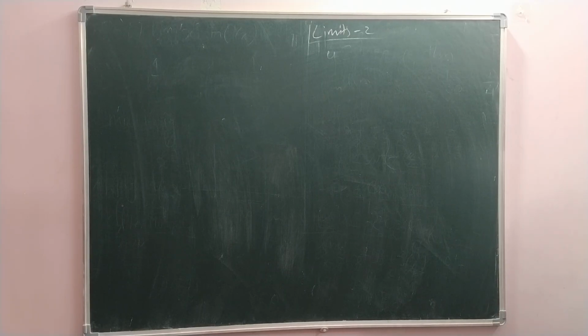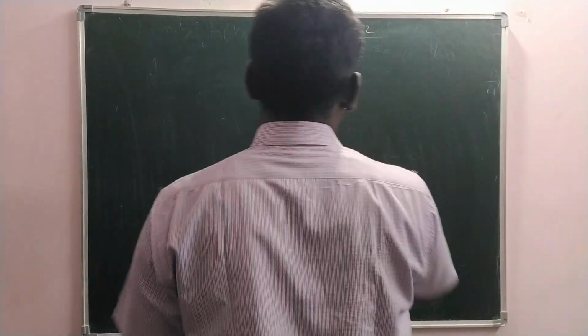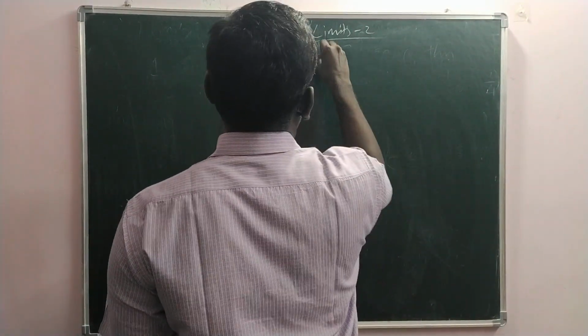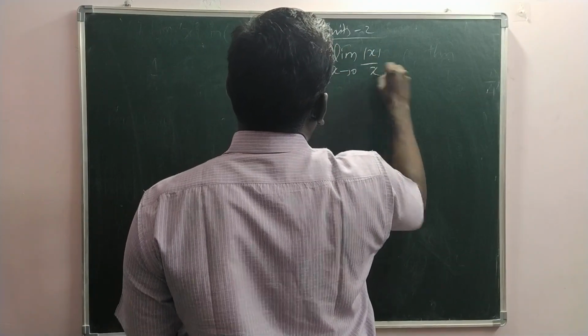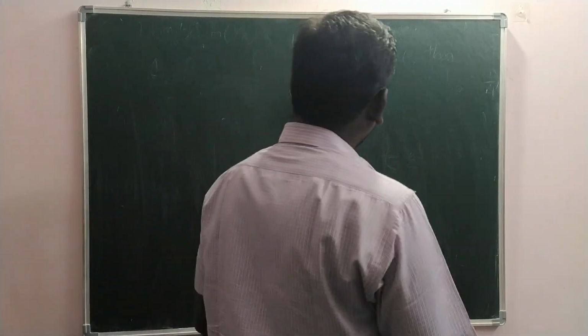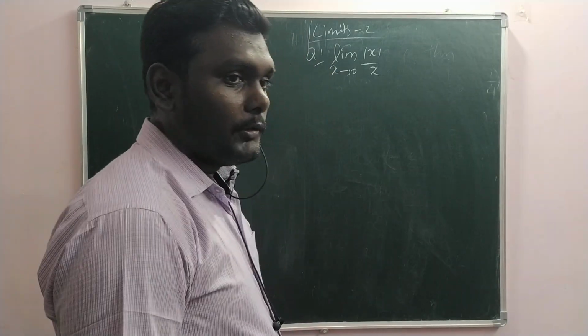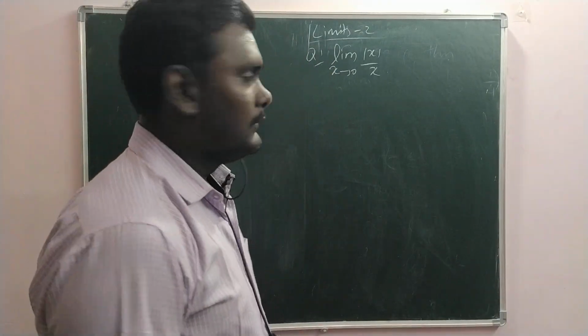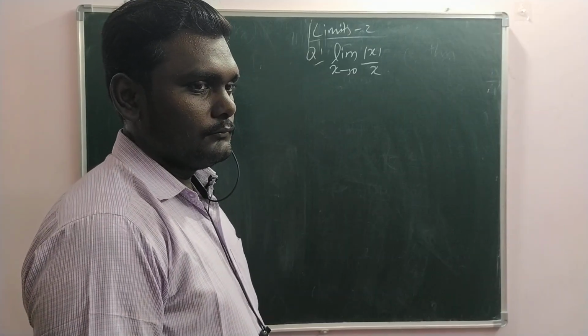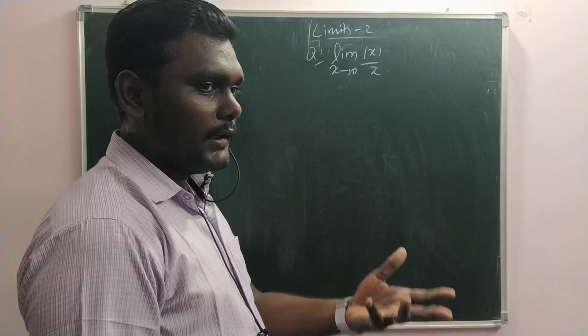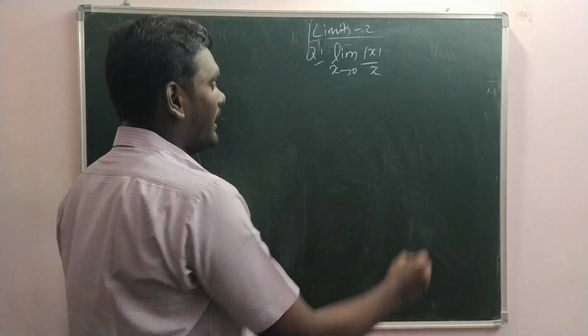The short answer questions. Limit x tends to 0, mod x by x, we should show that it does not exist. When you substitute 0, what will you get? 0 by 0, mod 0 by 0. So you should not decide that it does not exist. You should be writing the meaning of this.